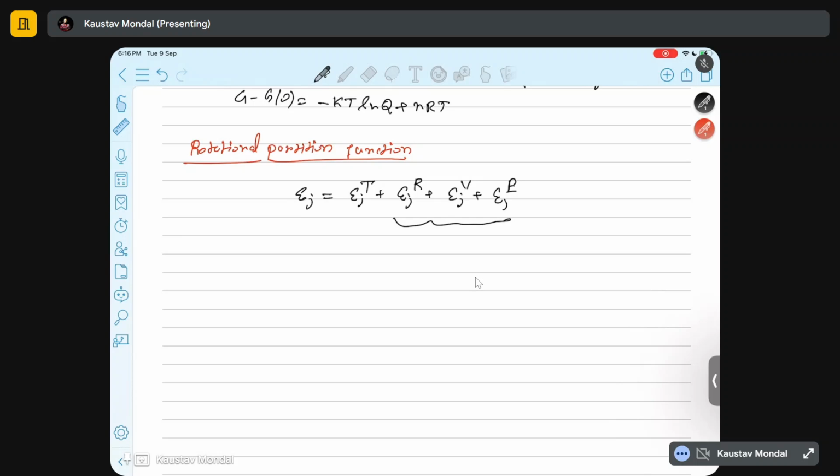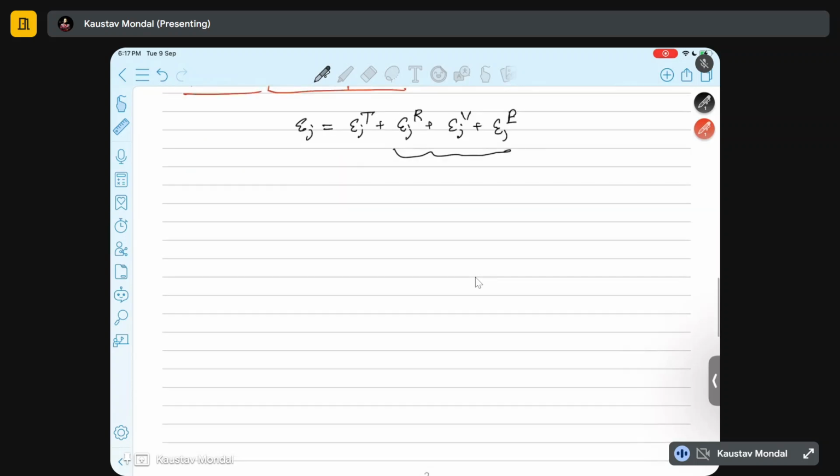Now you can write the partition function. If you consider the whole energy, then you can write Ej translational plus Ej rotational plus Ej vibrational plus Ej electronic, right?